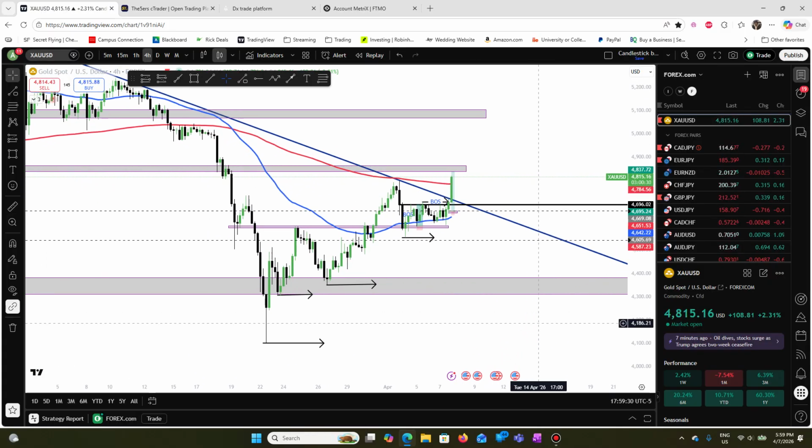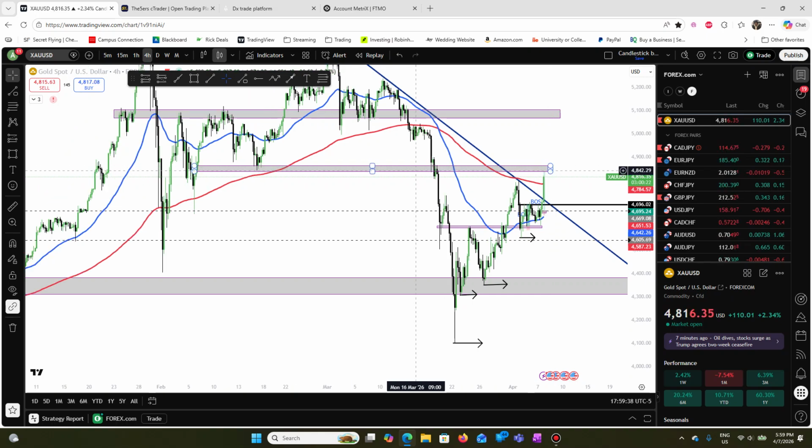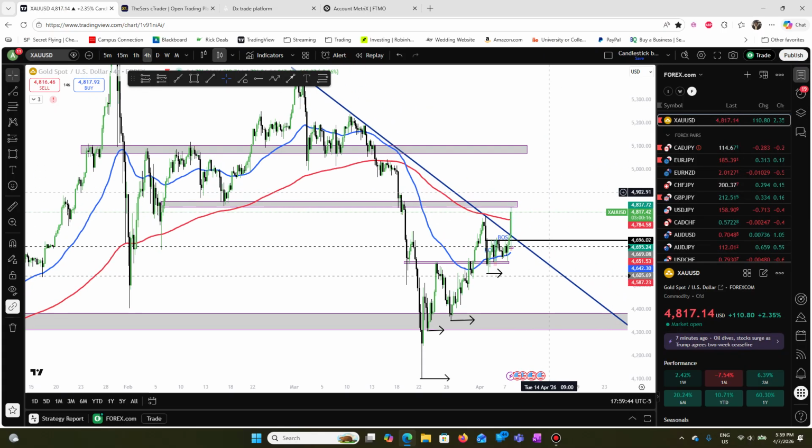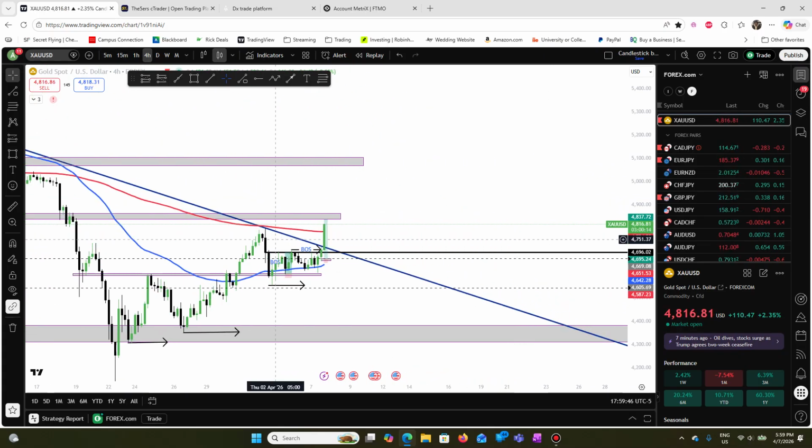So higher lows and higher highs, we're in an uptrend, and we're approaching this level right here. We'll see how it behaves on this level. But at this point, it's already created a new higher high. So a higher high, a higher low, a higher high, a higher low, a higher high, a higher low.